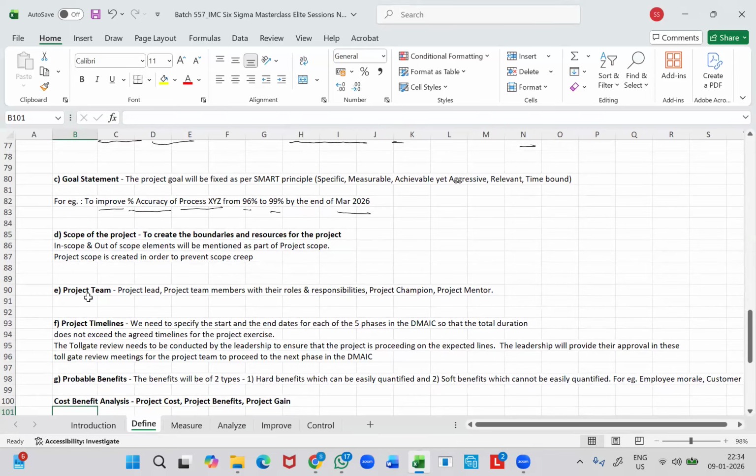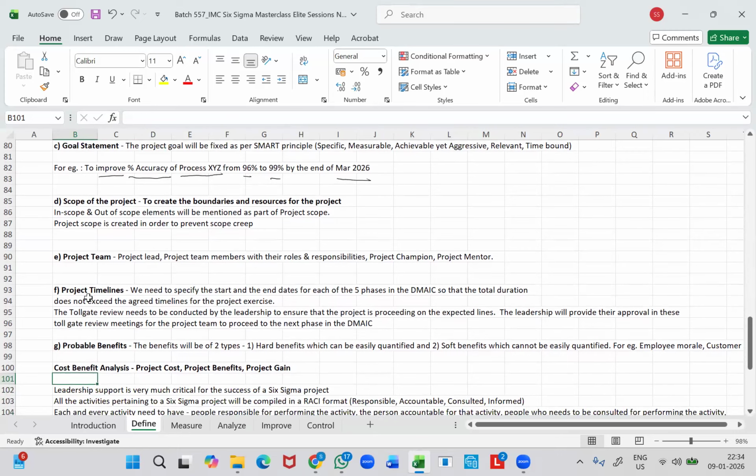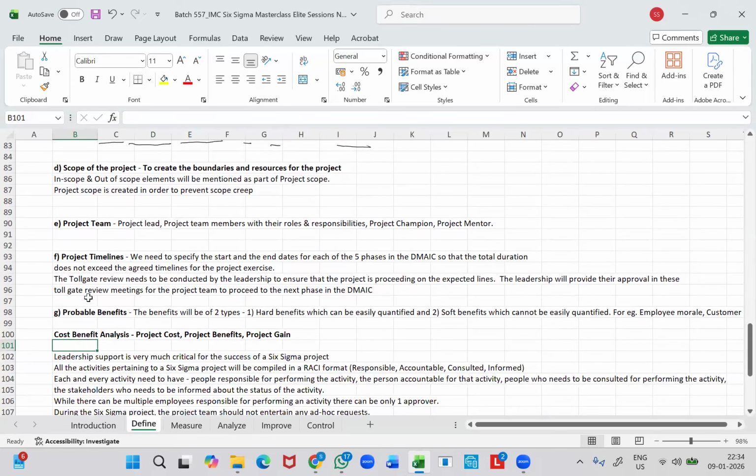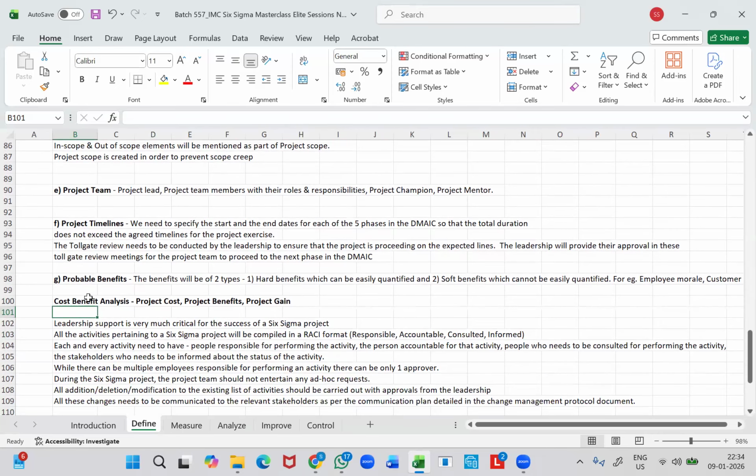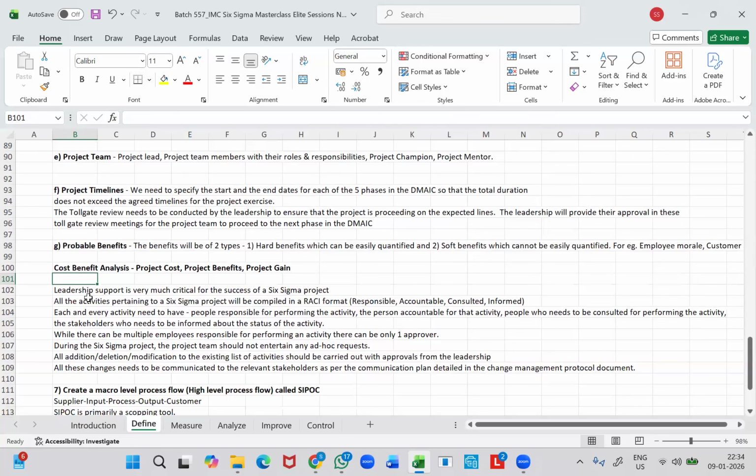So this would help us to avoid the scope creep. And the project team would consist of the project lead, the project team members, along with the roles and responsibilities, the project champion, and the project mentor. And the project timelines, we need to specify the start and end dates for all the 5 phases in the DMAIC approach so that the entire project can be completed within the agreed timeline.